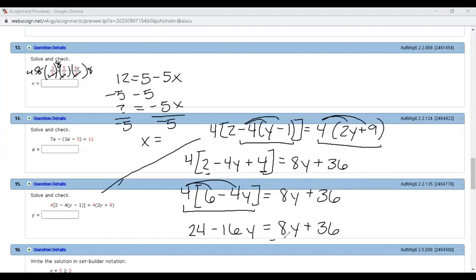So we can subtract 8y from both sides, and we can subtract 24 from both sides. All right?